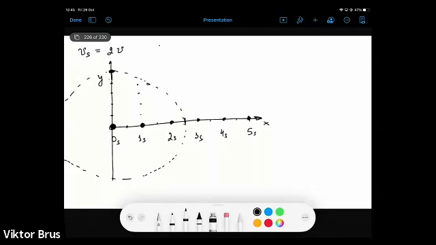And here we also put 4. So there we will have this circle.